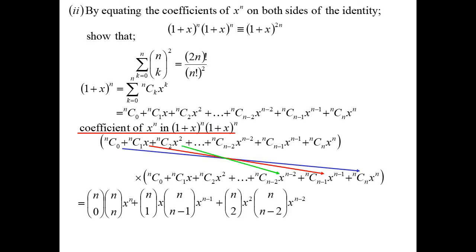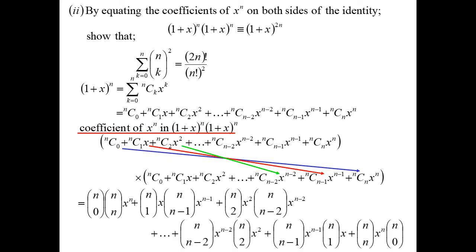nC2 would be multiplied by nC(n minus 2). And we would keep going until we get to the end, and then the same thing would be happening. The nC(n minus 2) would be multiplied by the nC2, and we work all the way down to the last one where nCn would be multiplied by nC0. But they would be all the terms that produce x to the power of n. Well, I'm not actually interested in the x's, so let's just look at the coefficients.